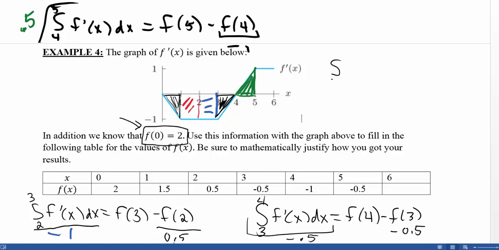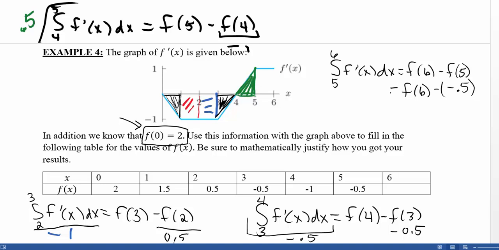So finally, last but not least, we need to find f of 6. We can do the integral from 5 to 6 of f prime of x dx equals f of 6 minus f of 5. F of 5 we know is -0.5. Here, let's do this one all the way out so you can see where the negatives cancel. So we have minus -0.5.